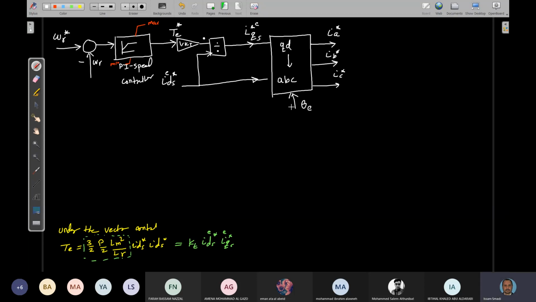Now, how do we calculate theta E? We said that we will use the indirect method. So the first thing I will calculate is omega slip, and remember, omega slip was equal to what under the vector control? 1 over tau R, IQS over IDS.